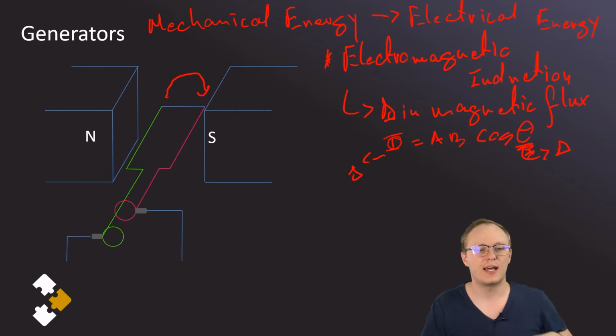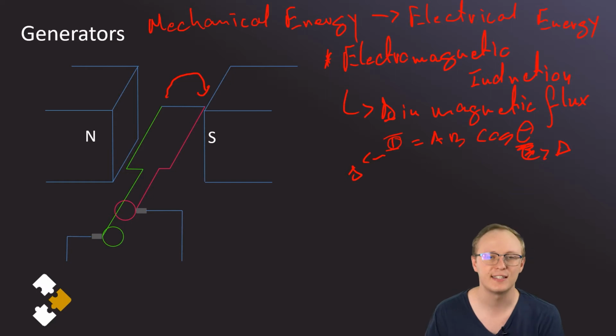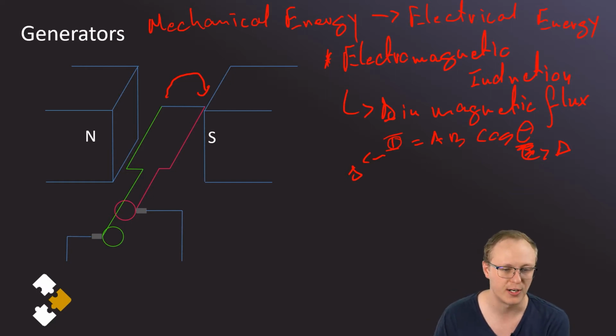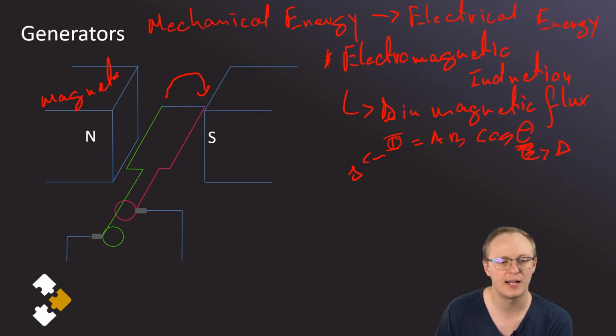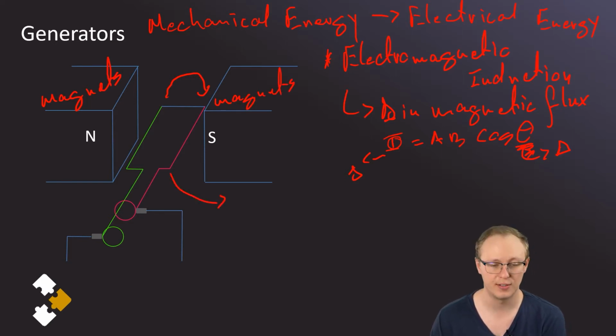Now, if we look at this here, we can identify some of the components. I'm sure you can identify by now that these two things here are going to be magnets. Then I've used this terminology in my explanation, but let's write it down.